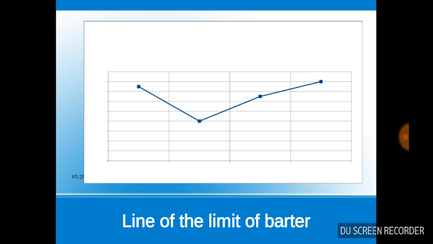These are probably taxes, so they change every year. This line here, we call the line of barter. A government cannot spend more than it makes, so it can only spend below this line. It cannot spend above this line when it's in barter.